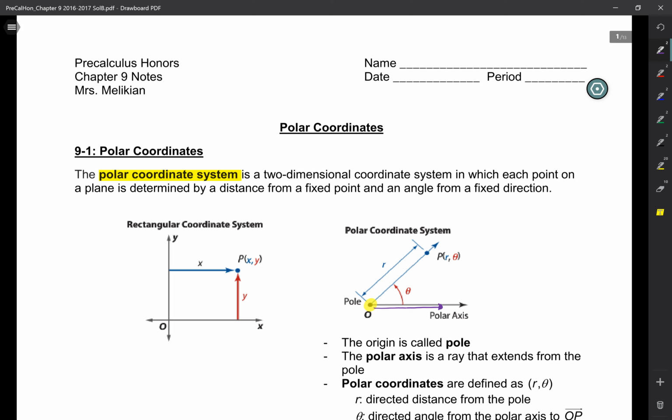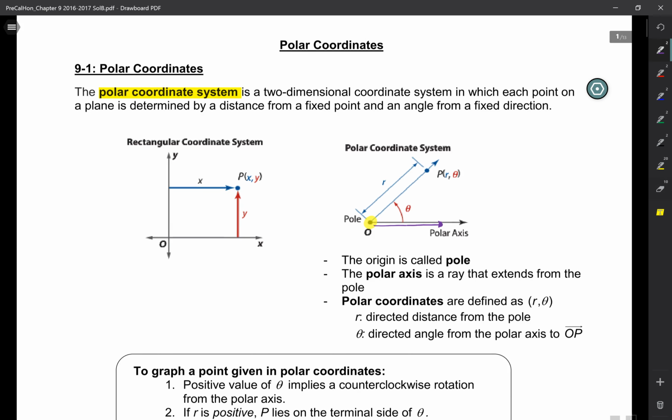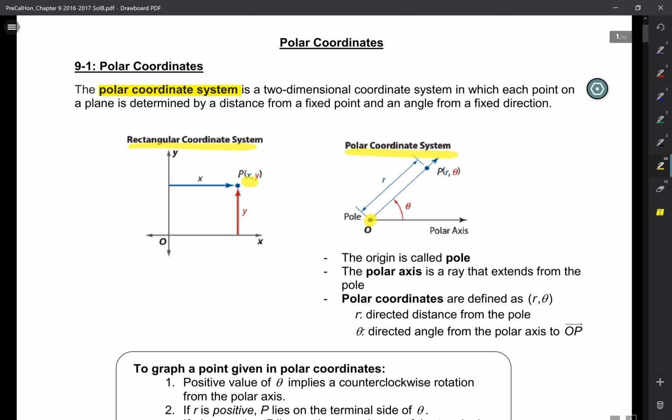All right, so since we have a new system, we have a new set of variables. In the rectangular coordinate system, our variables were x and y, x for horizontal, y for vertical. Well, we can't have that anymore. And remember what I said? In the new polar coordinate system, we're going to go radially out from a point.